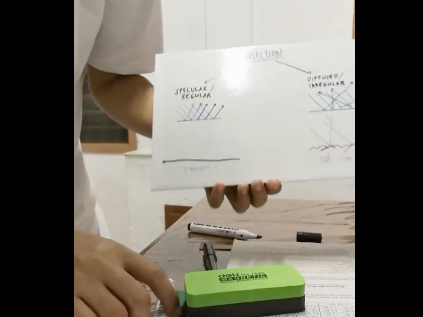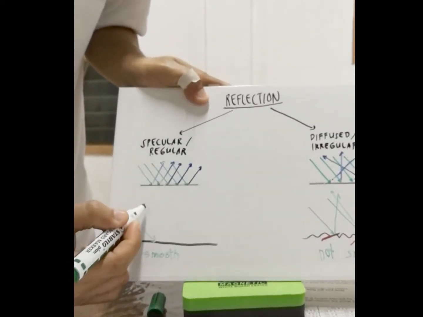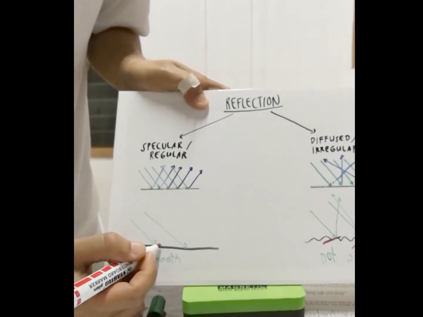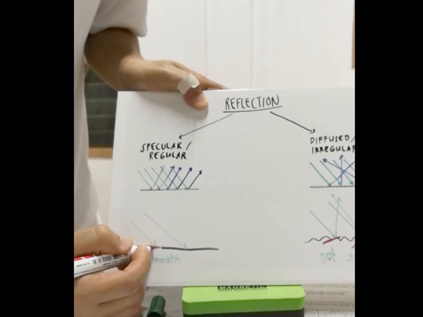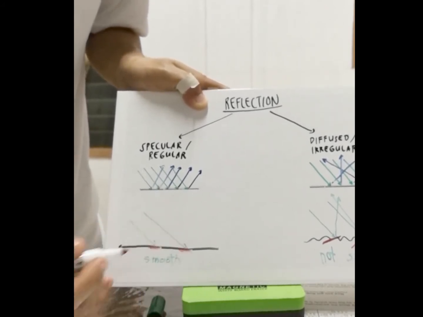So obviously, if you have light rays that hit this part and also a light ray that hits this part, the surface that the first light ray hits is at this angle, and the surface that the second light ray hits is also at the same angle.